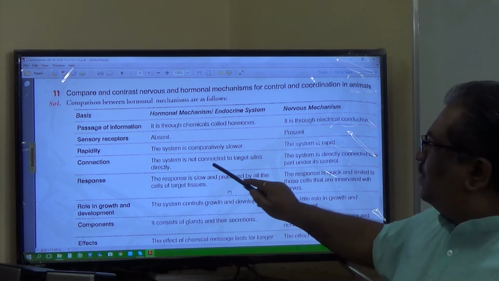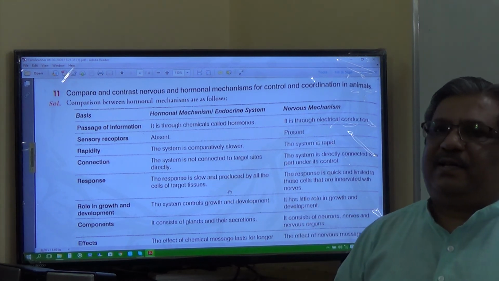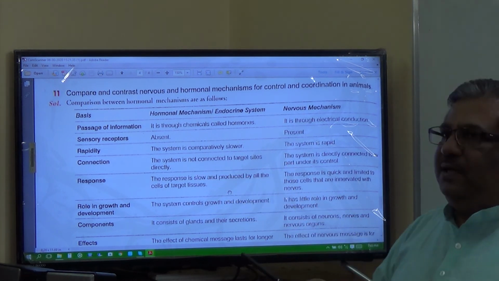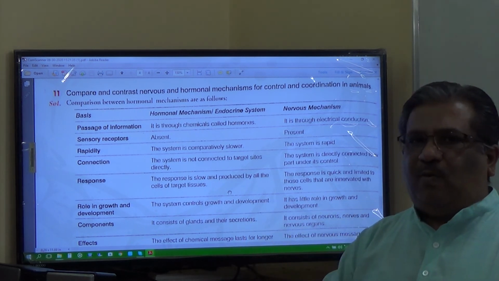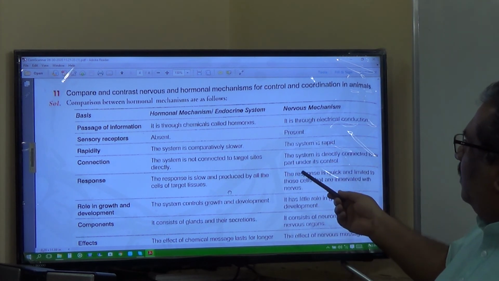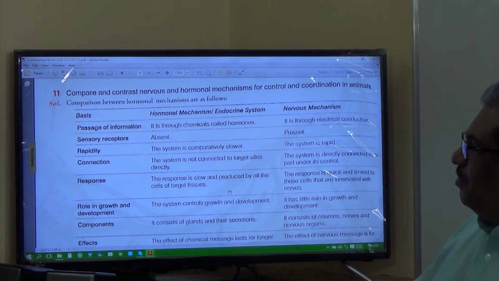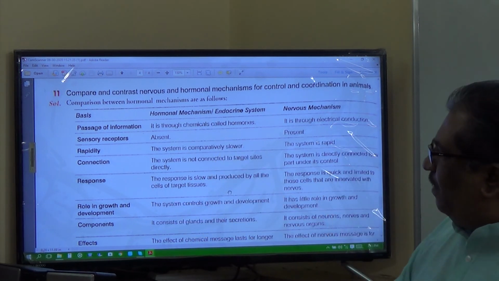Connection: the hormonal system is not connected to target sites directly, whereas in the nervous system, the organs connected to the nervous system are only activated. The system is directly connected to the part under its control. The responses are slow here, the responses are faster here.